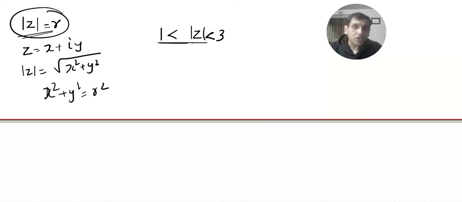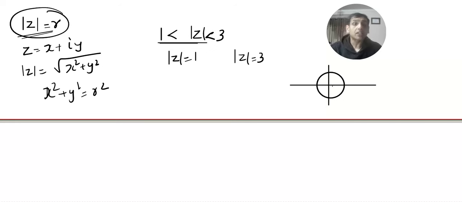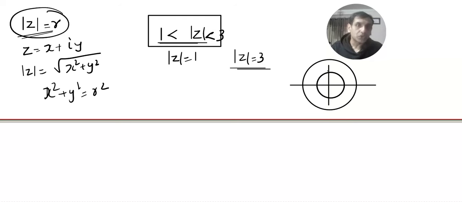So I am able to see two circles, mod z equal to 1 and mod z equal to 3. Mod z equal to 1 means it's a circle with center origin radius 1. Mod z equal to 3 means it's a bigger circle. Can you see? This actually shows the region beyond 1 and less than 3. That is called the annular region.